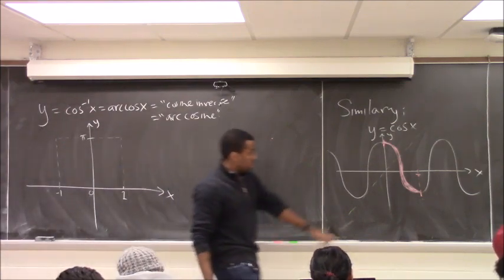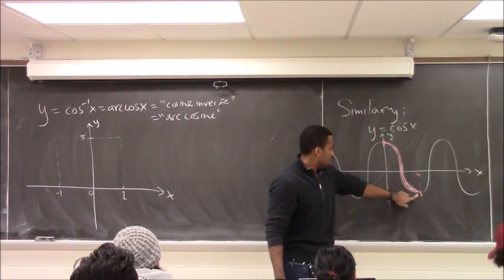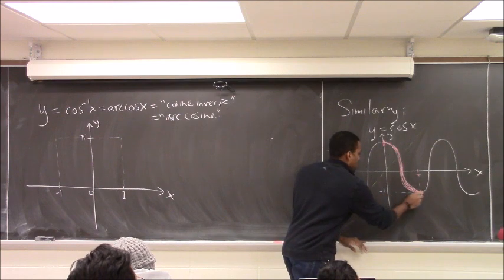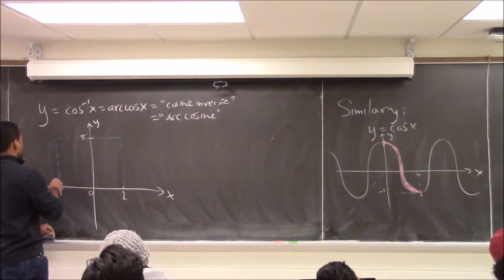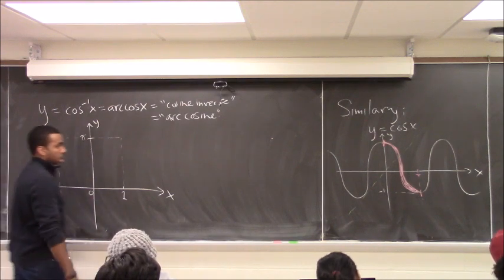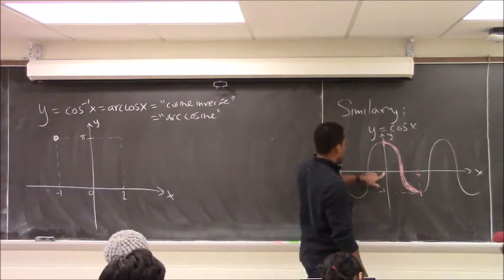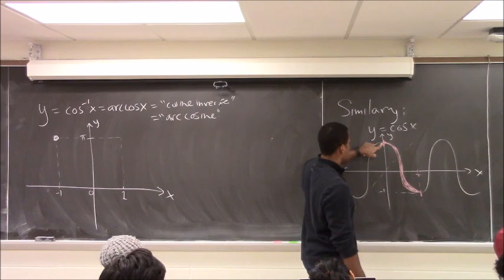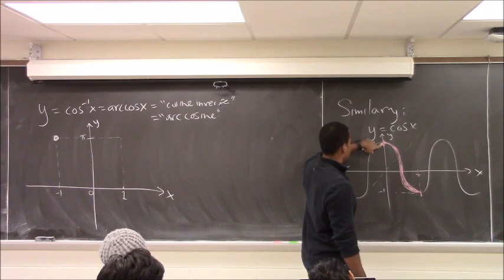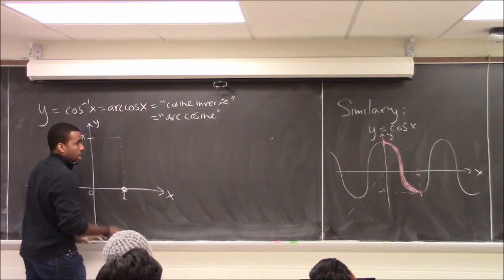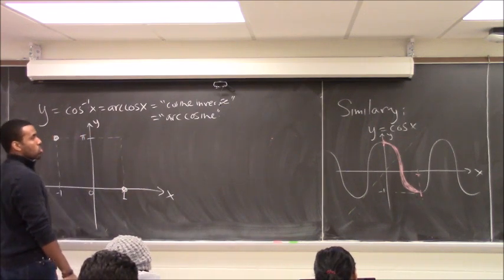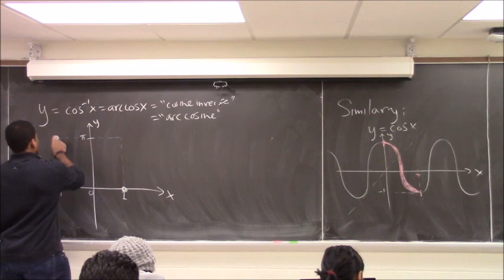Notice that here we hit -1 comma pi. So we are going to hit pi comma -1. And over here we hit 0 comma 1. So over here we're going to hit 1 comma 0. And if you flip that graph over, it's going to look like this.